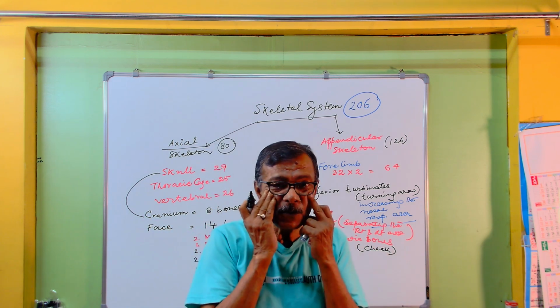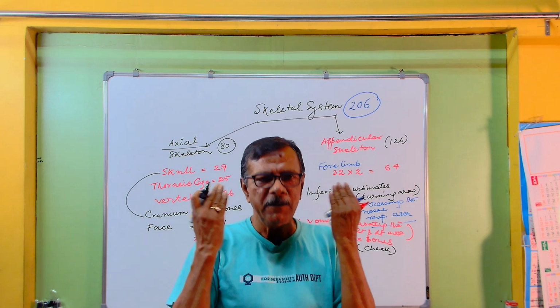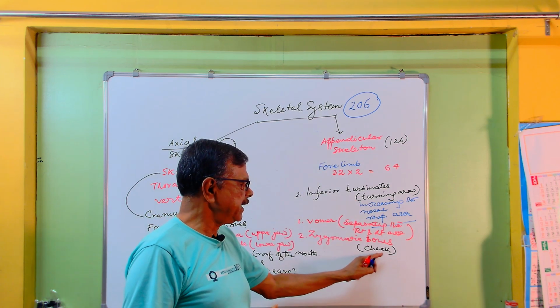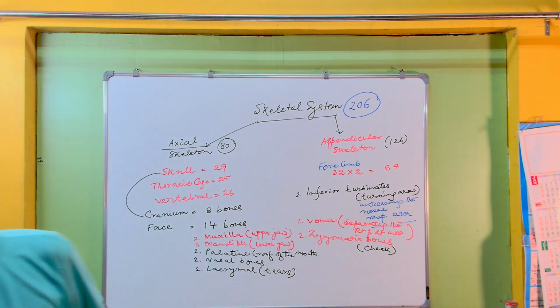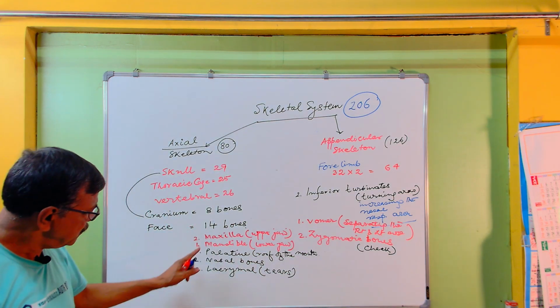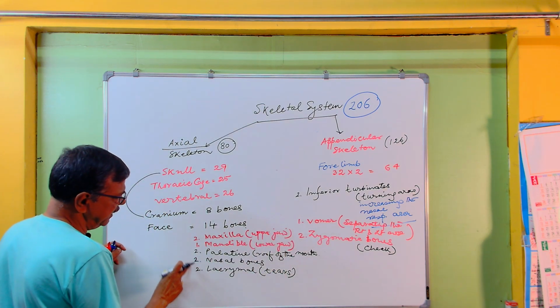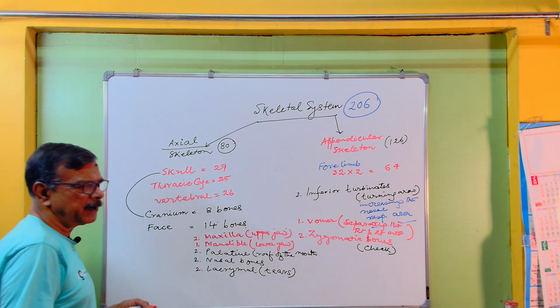If we do not have this, the face will not look good. It will be depressed. And the last one is the mandible. 2, 2, 4, 1, 5, 6, 7, 8, 9, 10, 11, 12, 13, 14. So it comes to 14 bones.